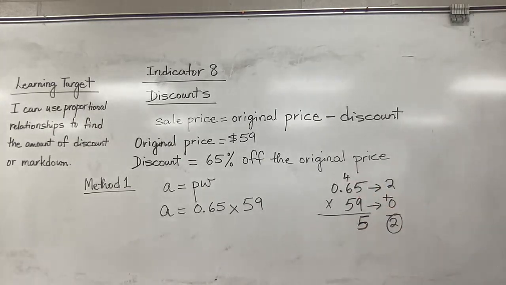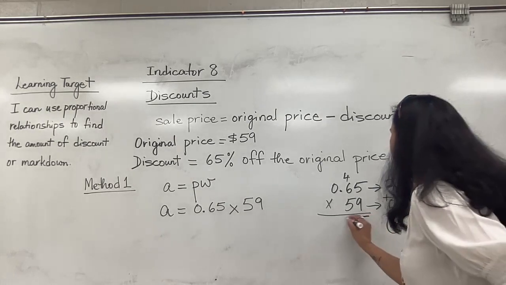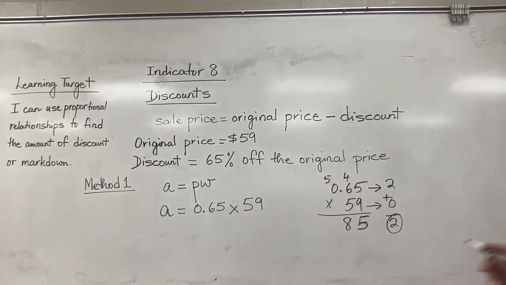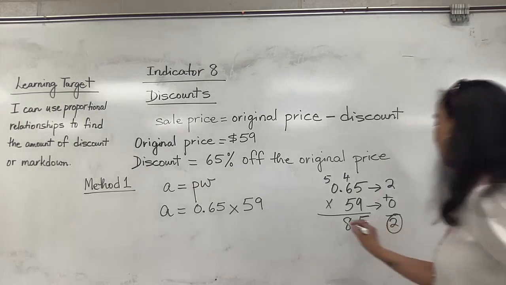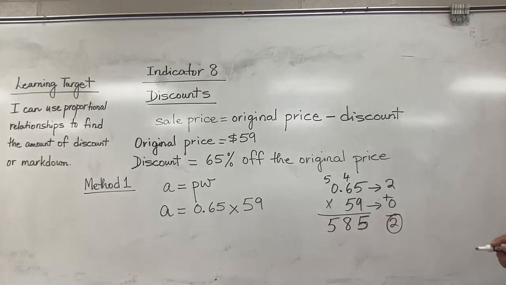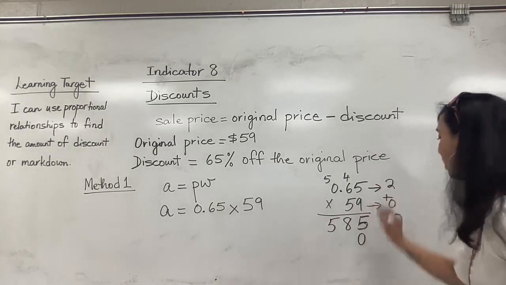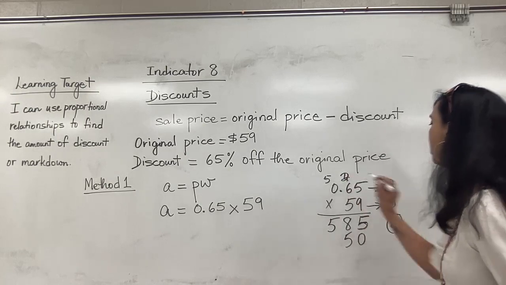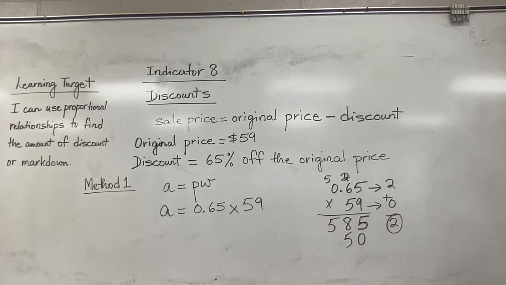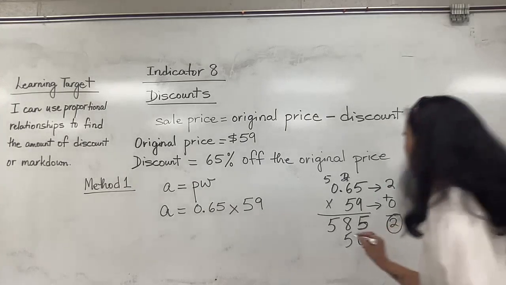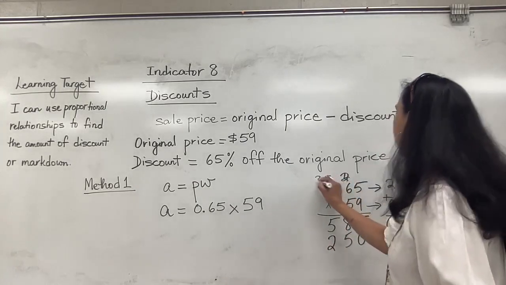I take the 4 over. 9 times 6 is 54, plus the 4, and that is going to give me 58. Then 5 times 5 is 25, carry over 2. 5 times 6 is 30, plus the 2, which is 32, carry over 3.